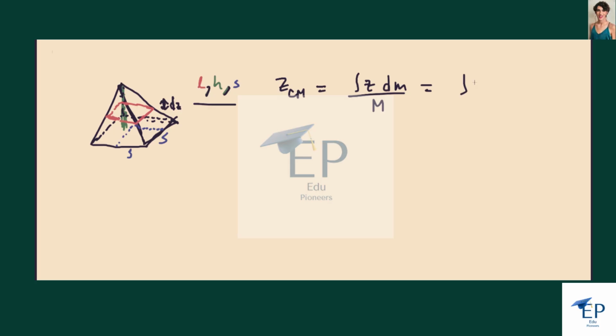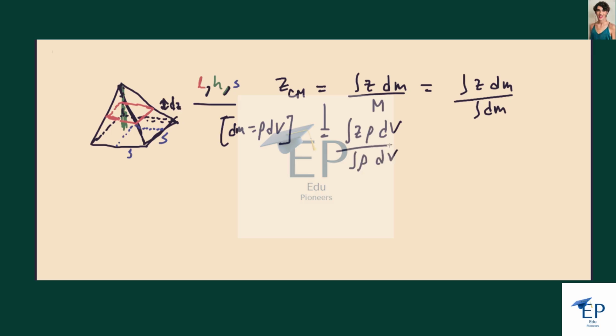Now total mass m is the sum of all the infinitesimal masses, so this is the integral of dm. And if you'll remember, dm is just rho times dv. So we're replacing that here. So this is the integral of z rho dv over the integral of rho dv for z of cm.